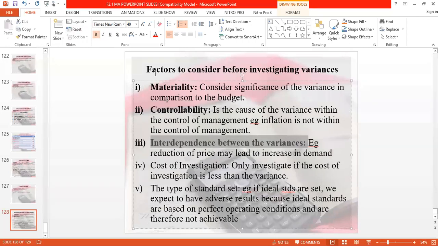Those are some of the factors you need to consider before you investigate a variance.